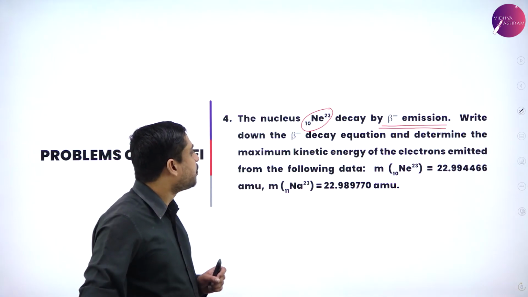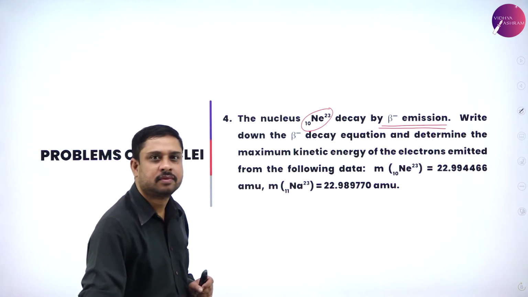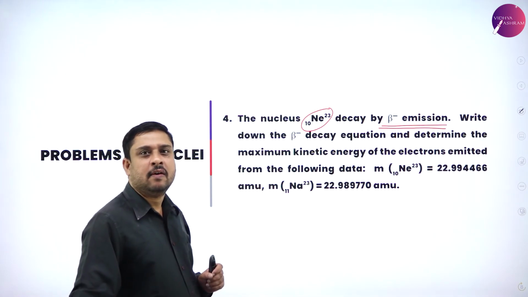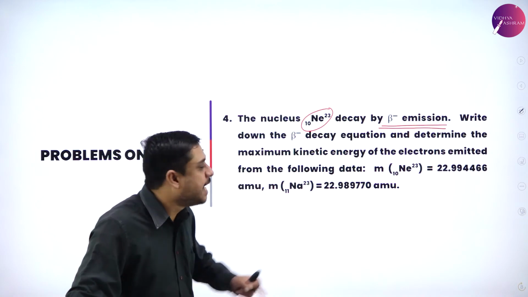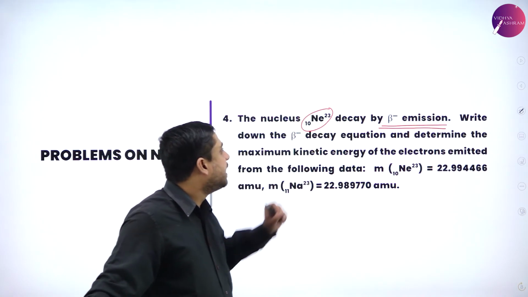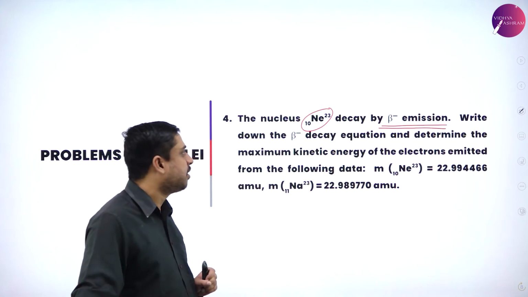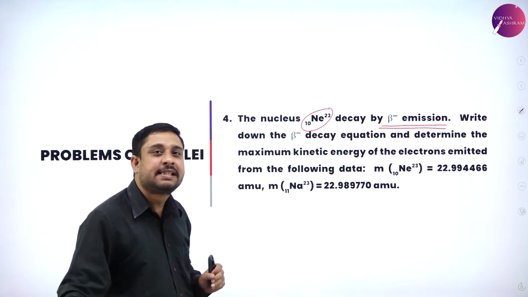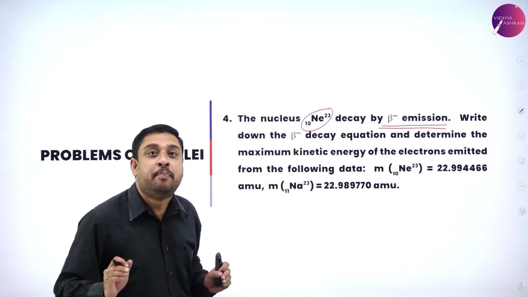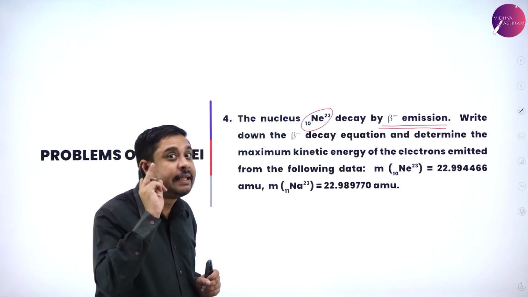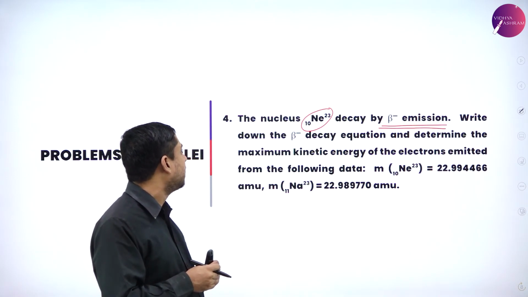So very clearly the problem says a nucleus which is designated as Ne-23 is undergoing beta decay. Clearly, beta minus emission.